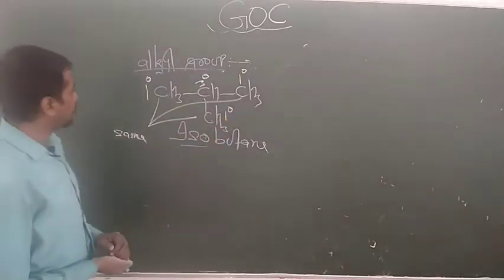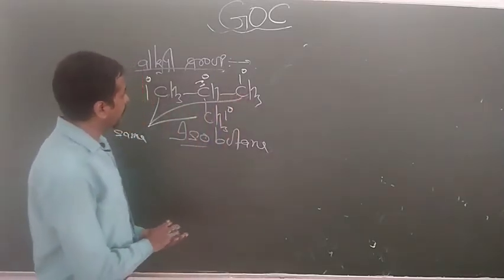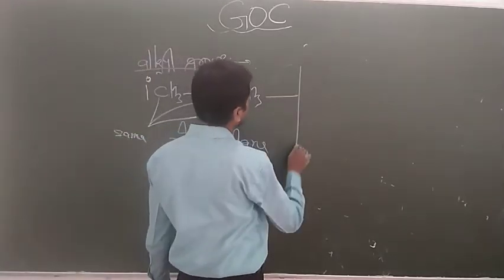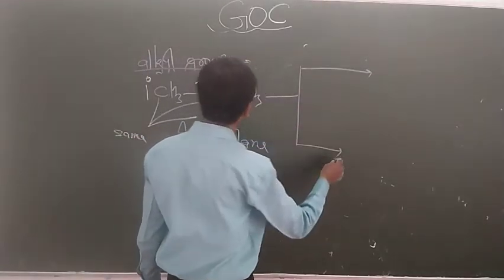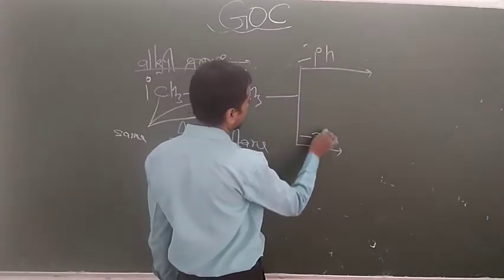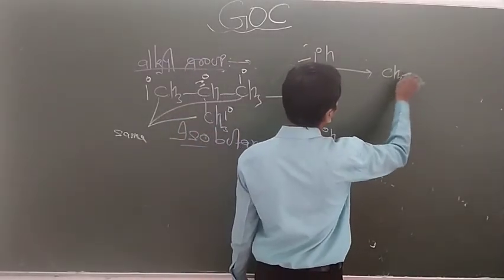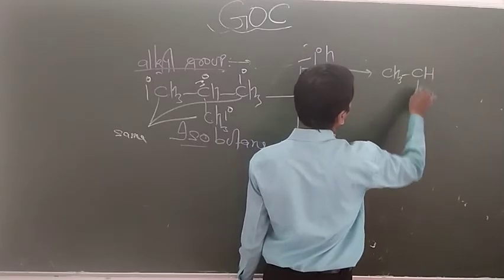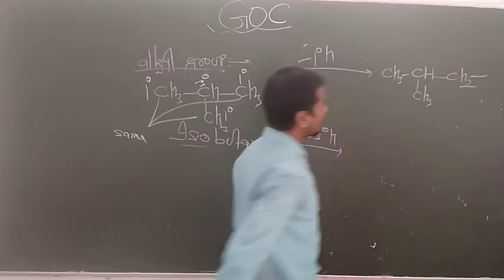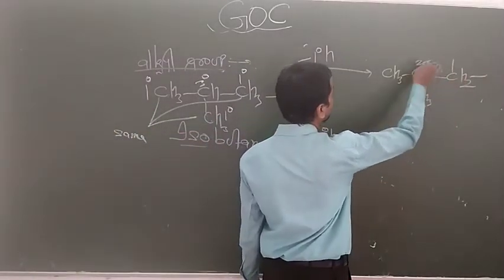So either you can remove H from this carbon, or this carbon, or this carbon. They generate the same formula. And this is the 3 degree carbon. So here 2 conditions always arise: removal of 1 degree H and removal of 3 degree H. So look at the condition. If you remove 1 degree H, you can find the formula like this: CH2 single bond CH, CH3, CH3. Now numbering is done from here, 1, 2, 3.